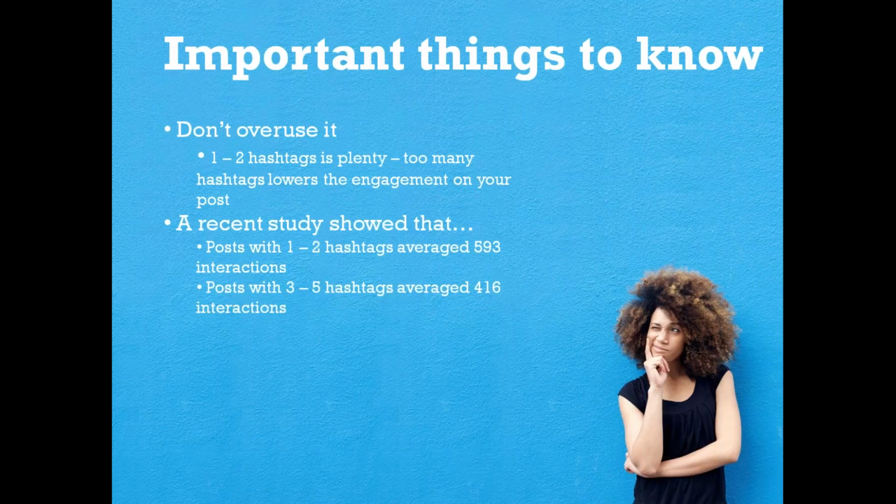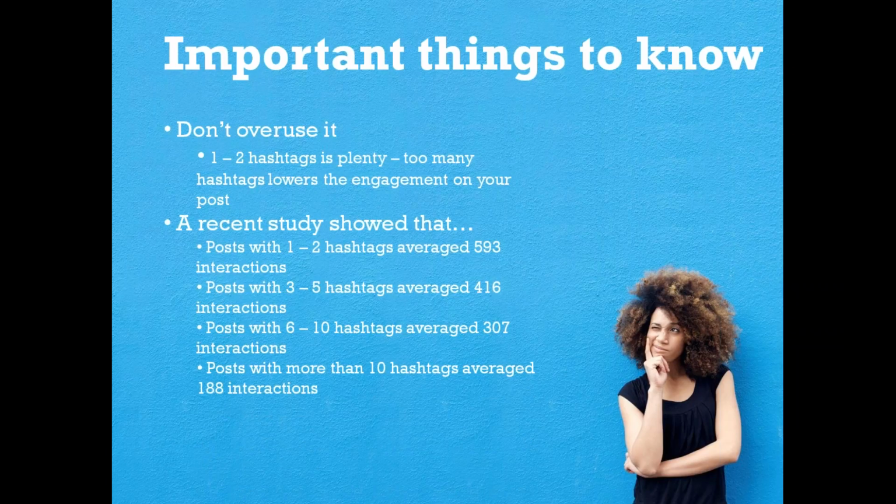Posts with 3 to 5 averaged 416, and posts with 6 to 10 averaged only 307. So you can see how that is dropping. Obviously, these were larger pages that they did a study on, but you can still see the ratio continues to go down. And then you get to posts with more than 10 hashtags averaging just 188 interactions. So that's about a third. So you don't want to go crazy with them.